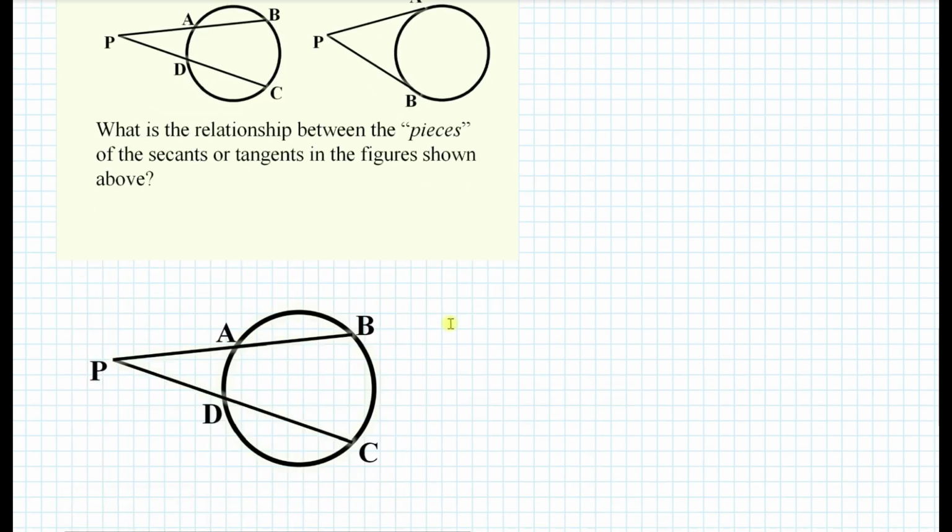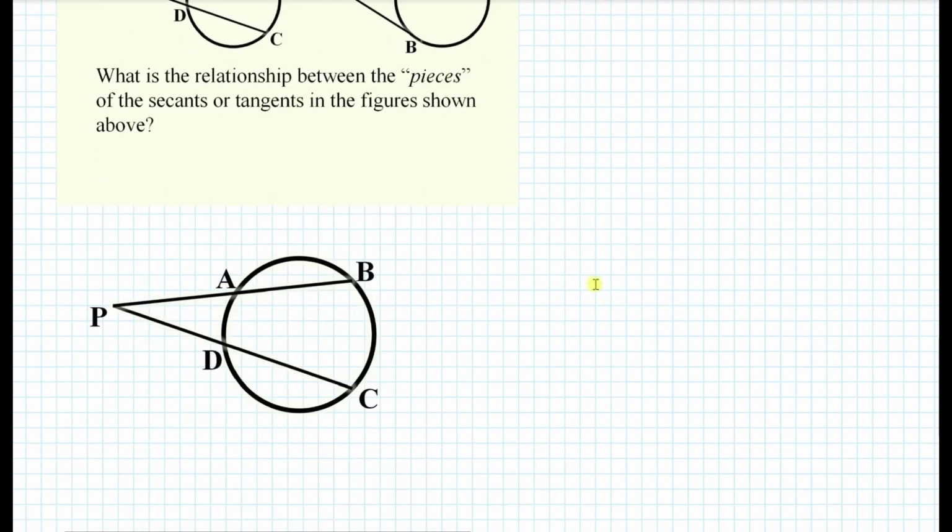There you go. So in this case, what we want to do is draw a segment from B to D, and then we want to draw another segment from A to C. As you can see, we have two overlapping triangles here, triangle PBD and triangle PCA. Can we say anything about the angles?